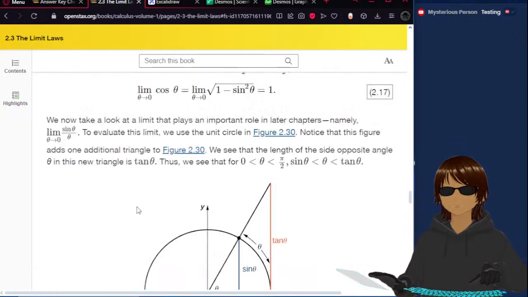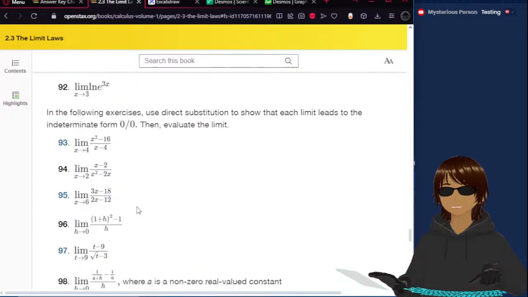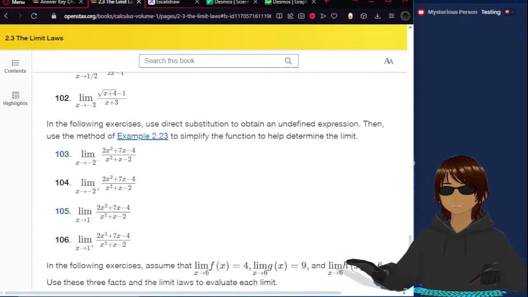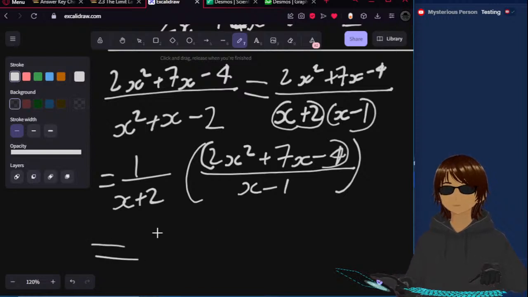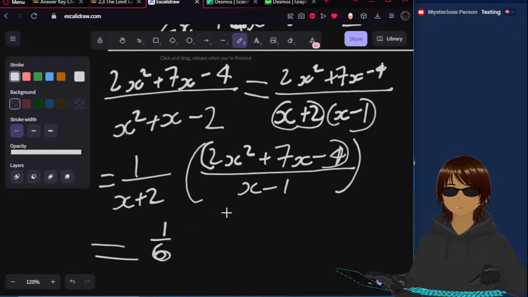If I put negative 2 in there, I get this would be 1 over 0. So 2 times 2 is 4, 4 times 2 is 8.